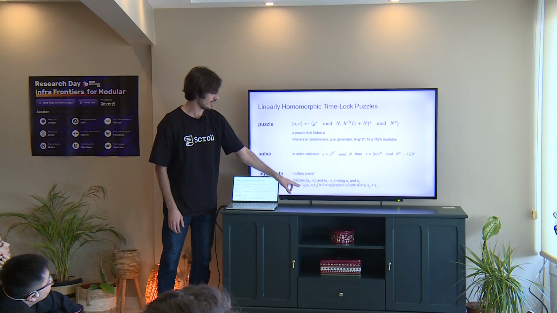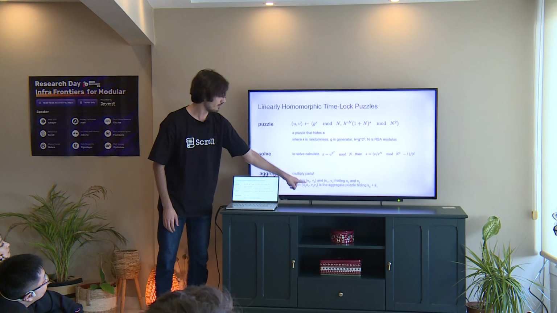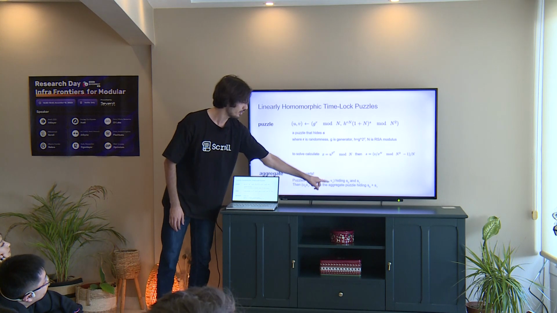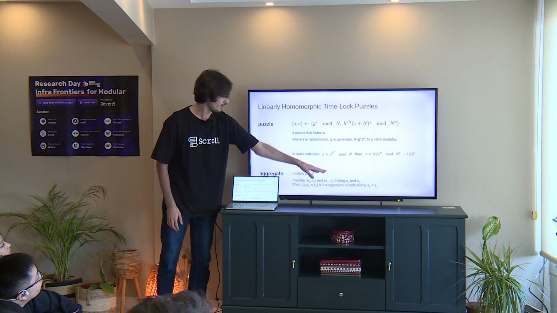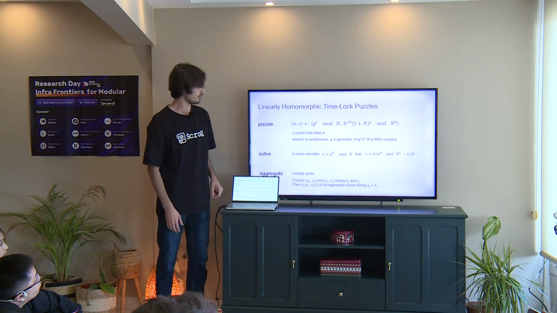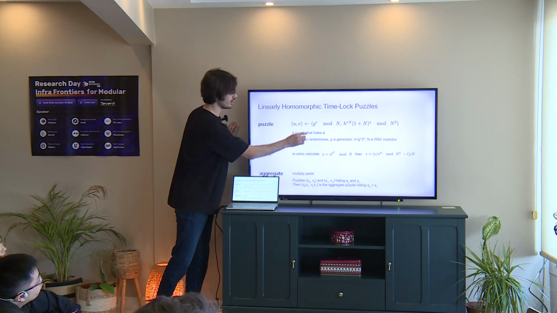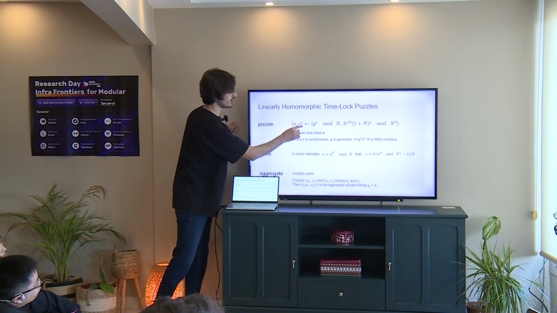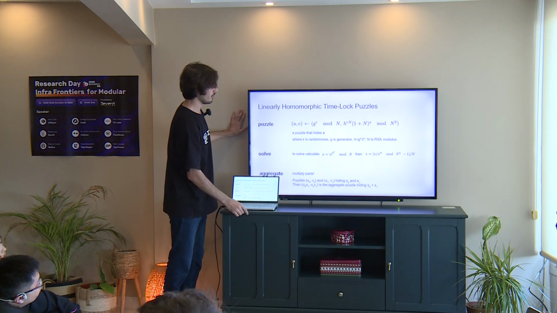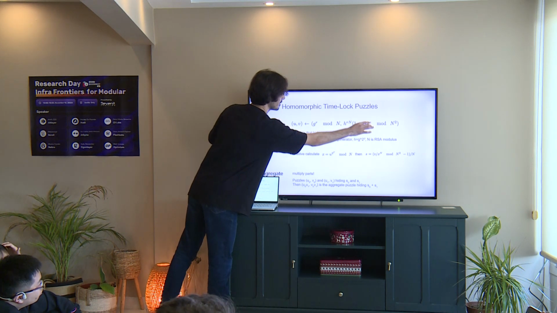If I have two puzzles, where each puzzle is a pair, U0, V0, and U1, V1, I can just sum them up by multiplying the parts. One important thing here is that the first part of the puzzle is some generator G to the power R mod N, and the second part hides the secret S here in the exponent.